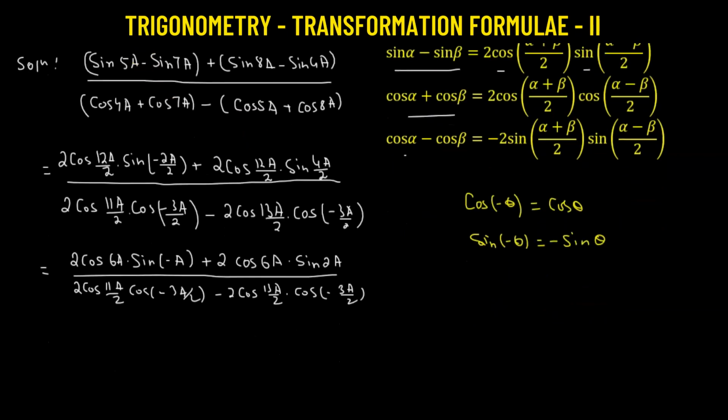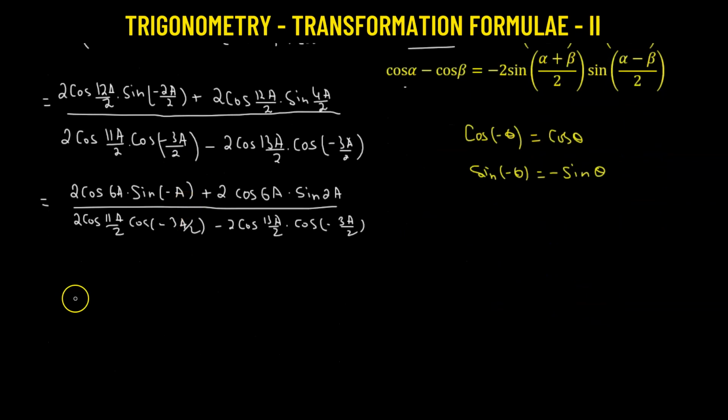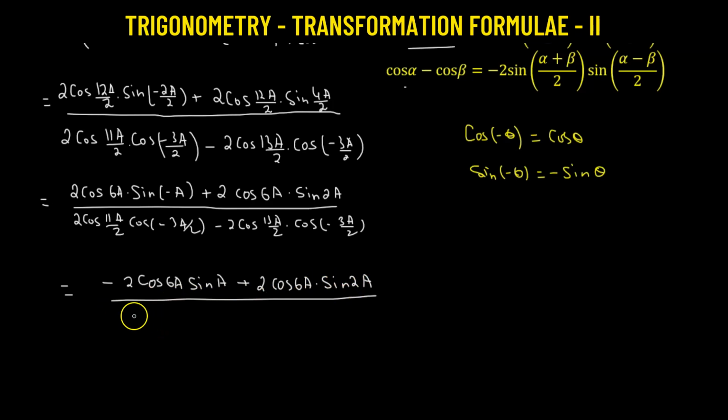So we can employ this idea, and then we will get negative 2 times cosine of 6a times sine of angle a, plus 2 times cosine of angle 6a multiplied to sine of angle 2a, whole divided by 2 times cosine of angle 11a over 2 multiplied to cosine of 3a over 2, minus 2 times cosine of angle 13a over 2 times cosine of 3a over 2.